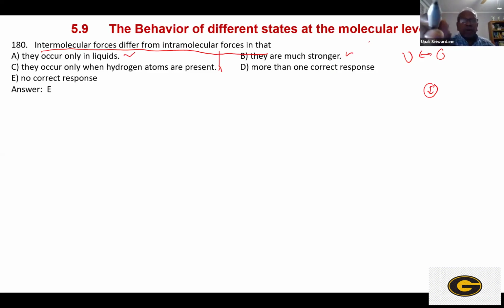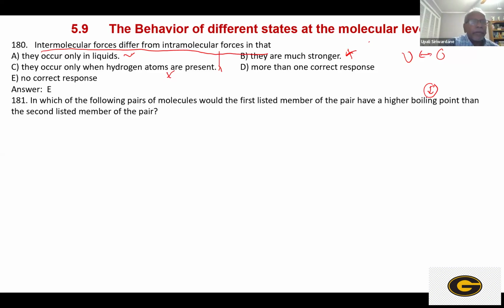Liquid is a particle as well as bonds. This is not true either. They are not strong. Intermolecular force is weak. Therefore, that's not true. Therefore, none of these. That's kind of a negative answer.